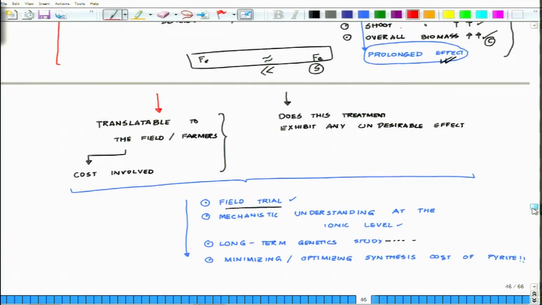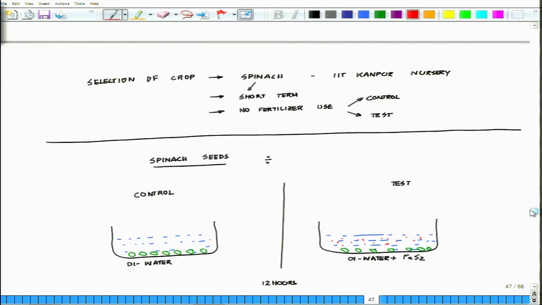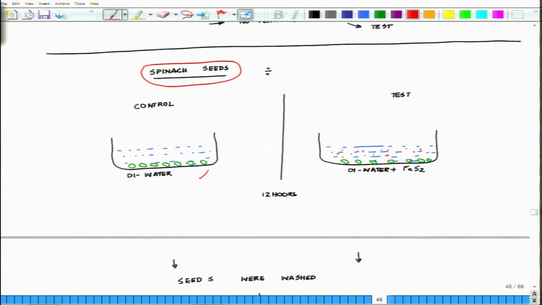Then we talked about the field trials, where I talked to you about the spinach seeds, treated for 12 hours in water and correspondingly in water plus iron pyrite.